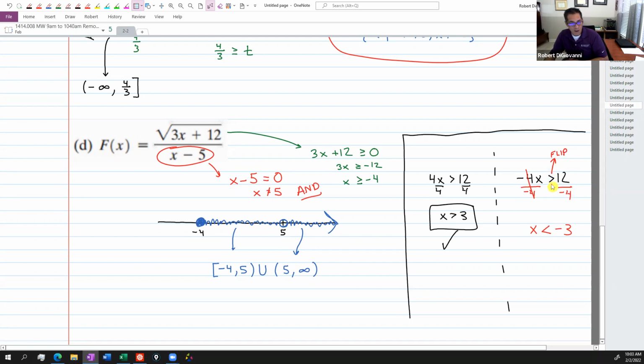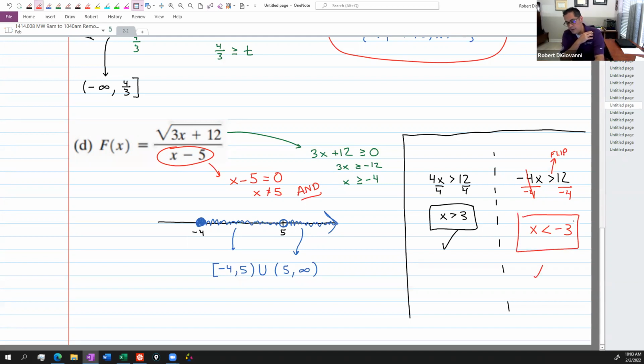Inequalities work that way. Anytime you multiply or divide by a negative, you flip it. It has to do with the fact that a negative times a positive is negative, and that a negative times a negative is positive. That's why you have to flip it. So, okay, I just want to remind you of that, and we're going to move on.